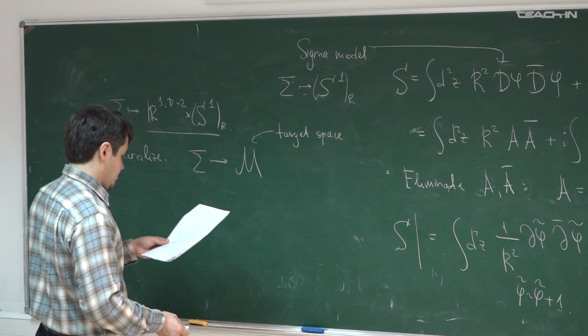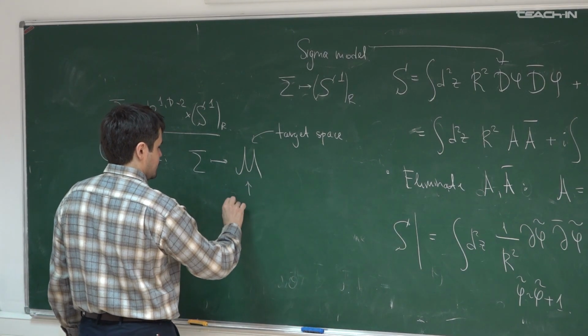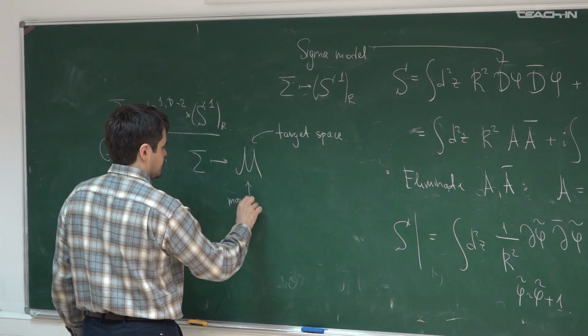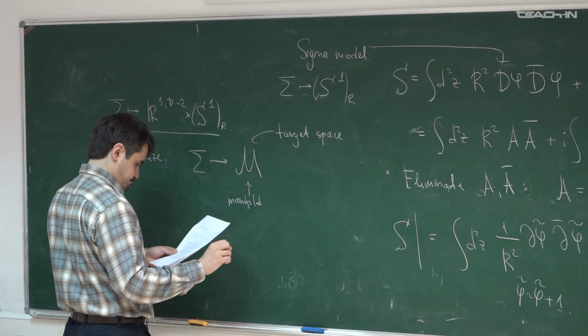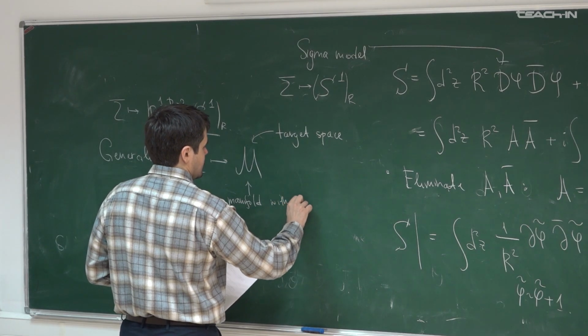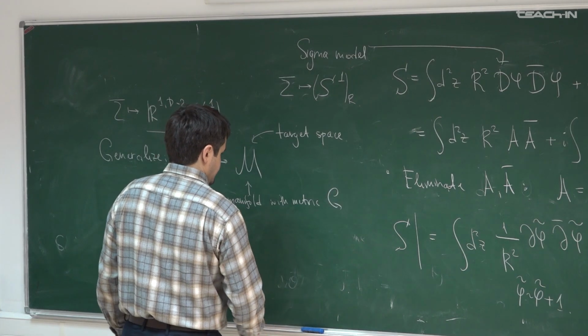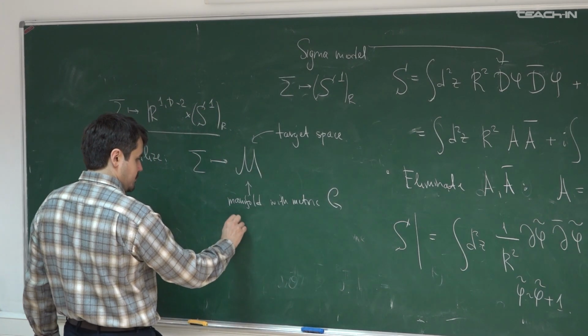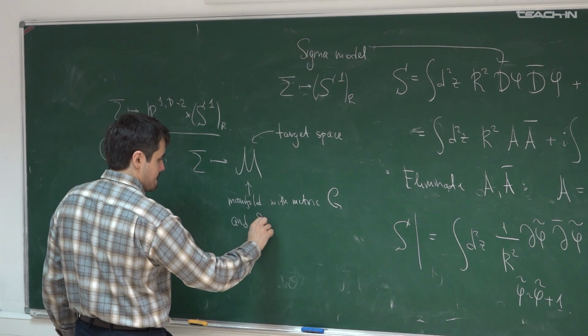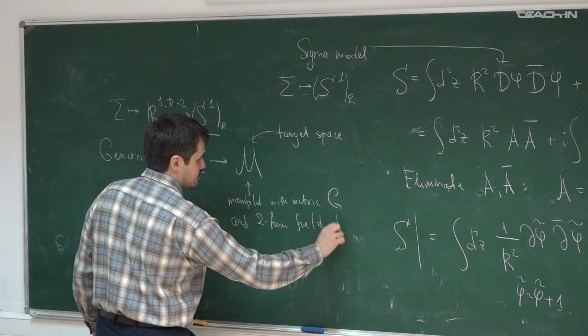And let's assume M has some metric, manifold with metric G, and two-form field B.